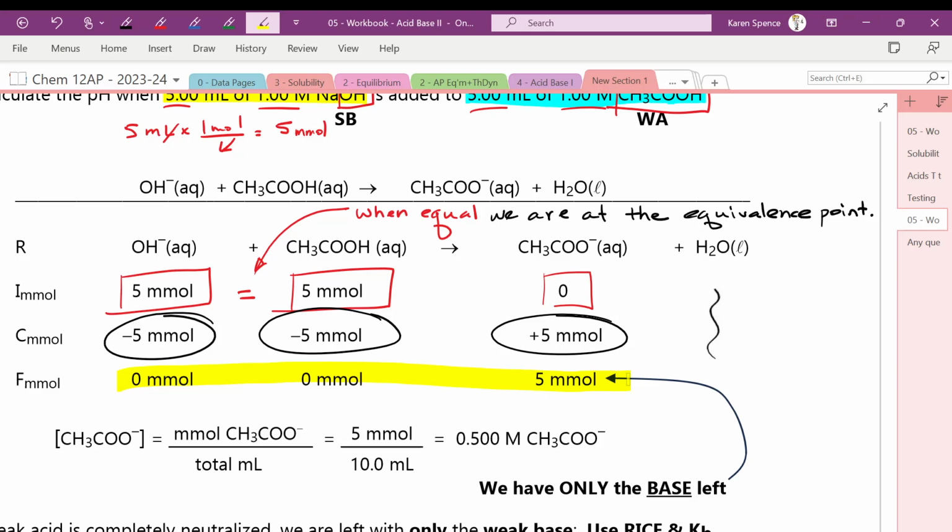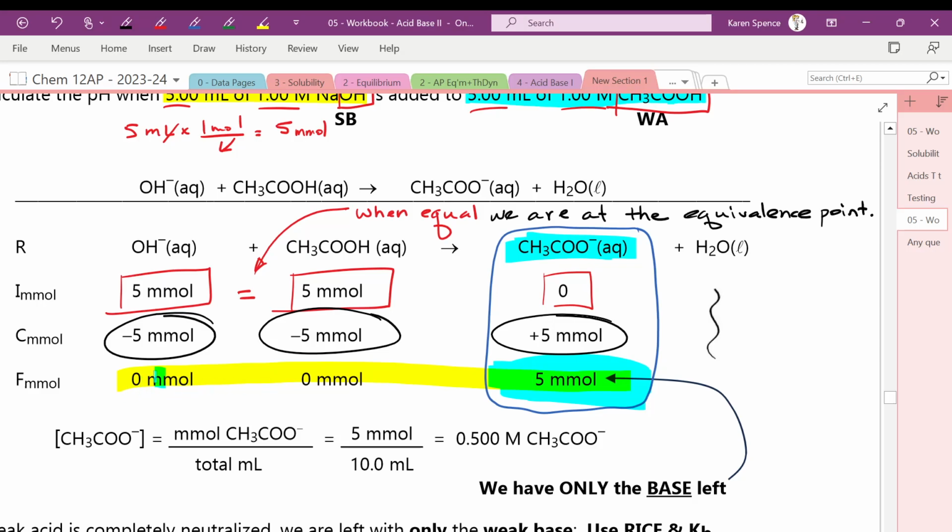What is the only thing we have left? The conjugate base. So all that we have left at the end is CH3COO minus. We don't have any of the hydroxide. We don't have any of the conjugate acid.